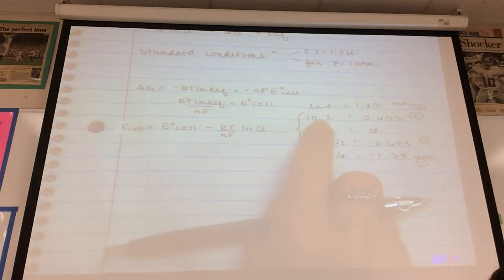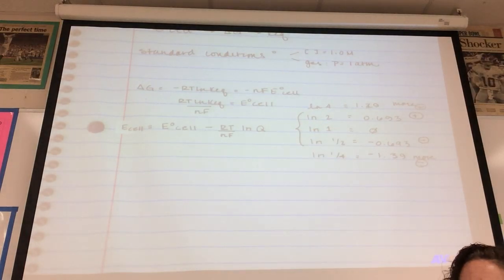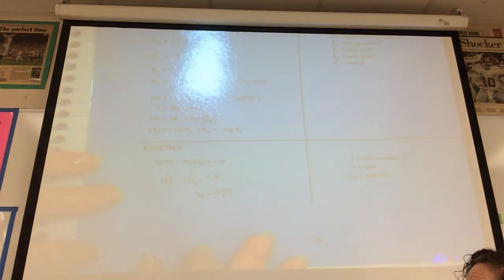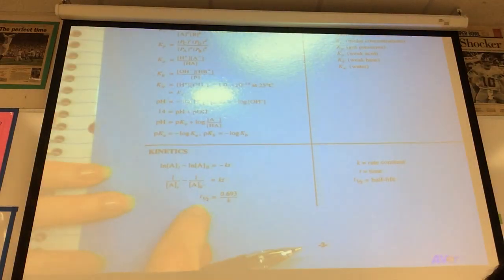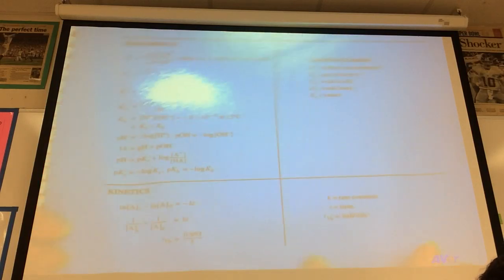You don't have to know what ln of 2 is equal to. However, in a backward way, you actually have it, because the half-life for a first order reaction is equal to 0.693 over k, and 0.693 is the ln of 2.